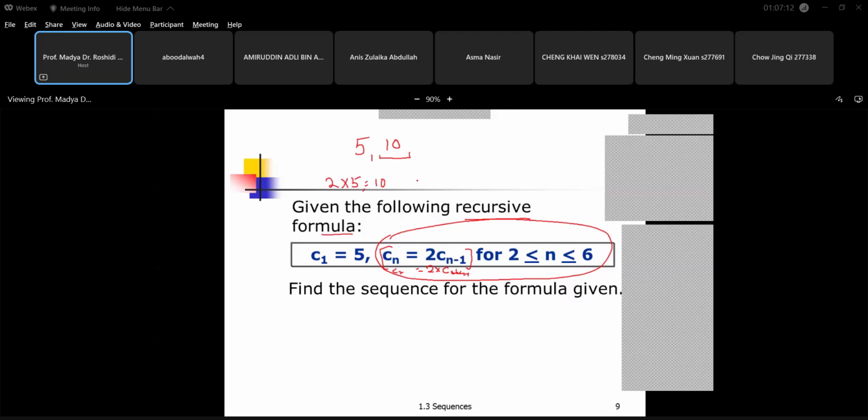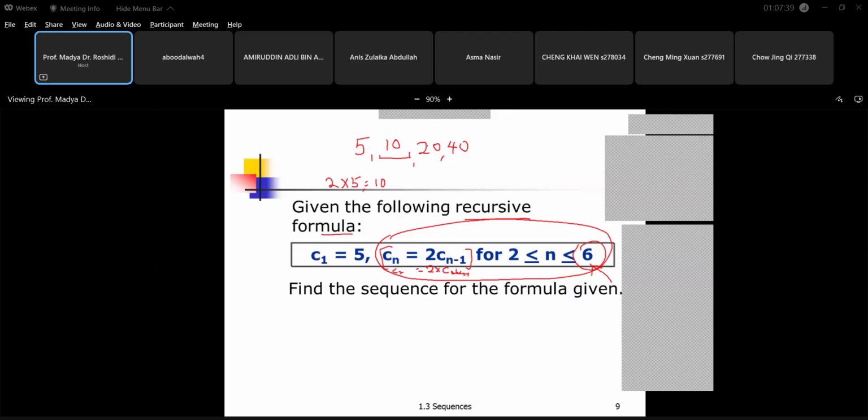So here 10. What is the next? Times 2, 10 times 2 is 20. What is next? Because this pattern is times 2, it will be 40. So how many numbers are needed in this sequential? We look at this value, 6. So we need to list out 6, not more than 6 or less than 6.